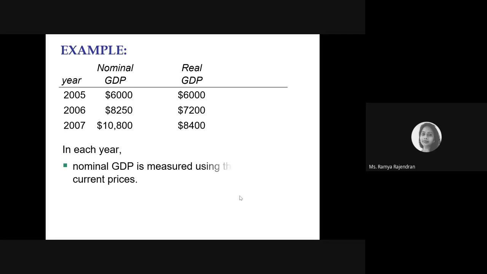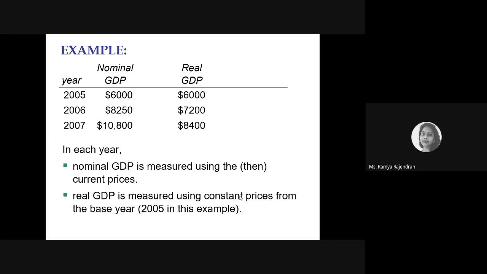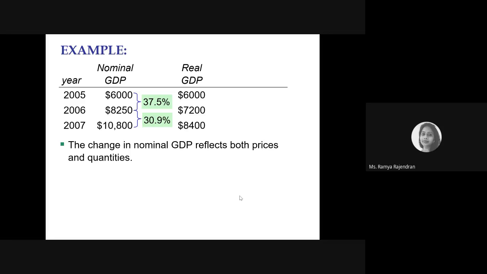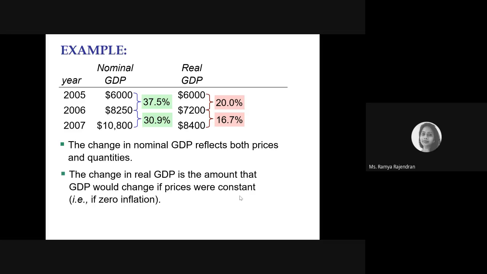The nominal GDP is measured using current prices, whereas the real GDP is calculated using constant prices, a base price. The nominal GDP increased by 37% and 30%, whereas the real GDP increased by just 20% and 16%. The real GDP numbers are adjusted for inflation.